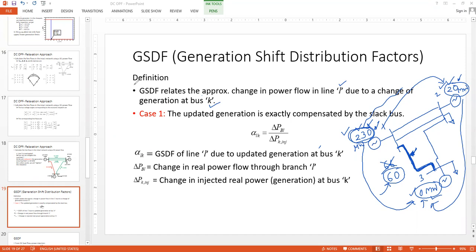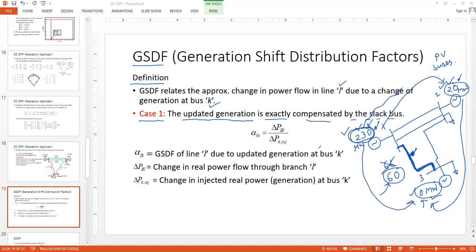Now, to calculate this GSDF, there are 2 different cases. Let's start with case number 1. In case number 1, whatever generation is updated in the PV buses is exactly compensated by the slack bus.